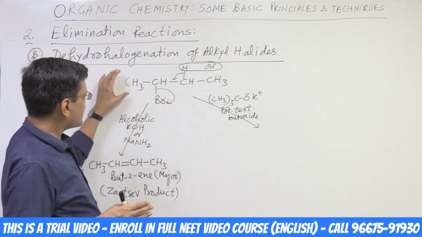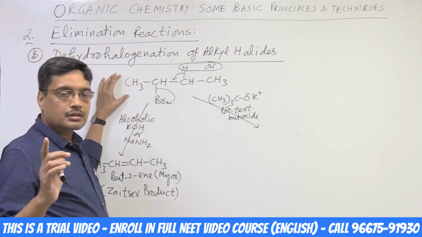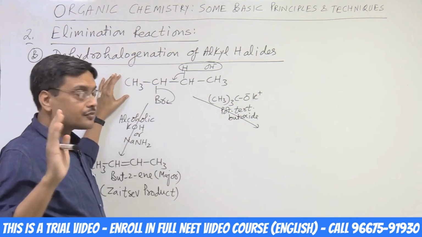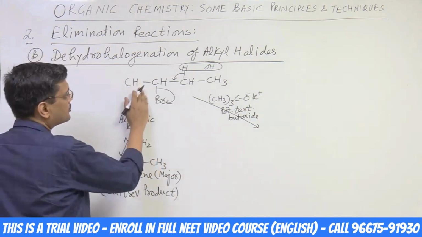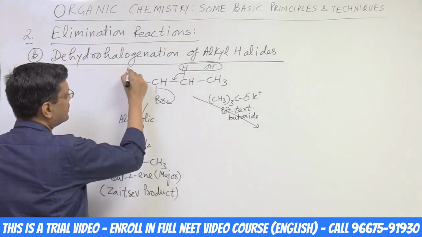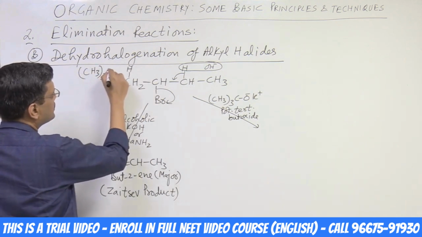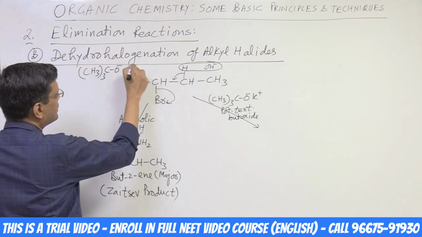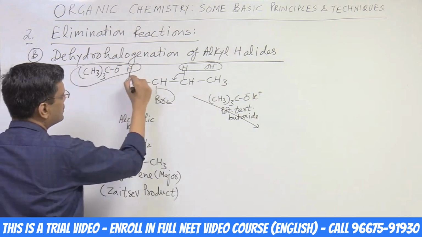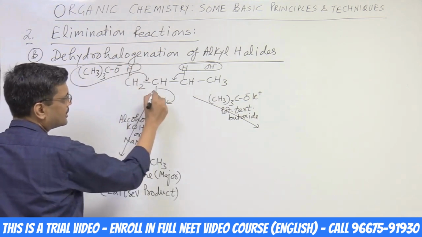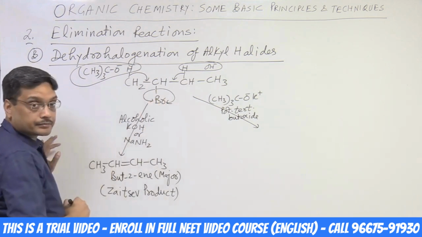It always abstracts hydrogen from the terminal position. So what product is obtained? Butoxide ion attacks on the terminal position due to the bulky nature, and it abstracts this hydrogen, this bond shifts here, and Br is eliminated.